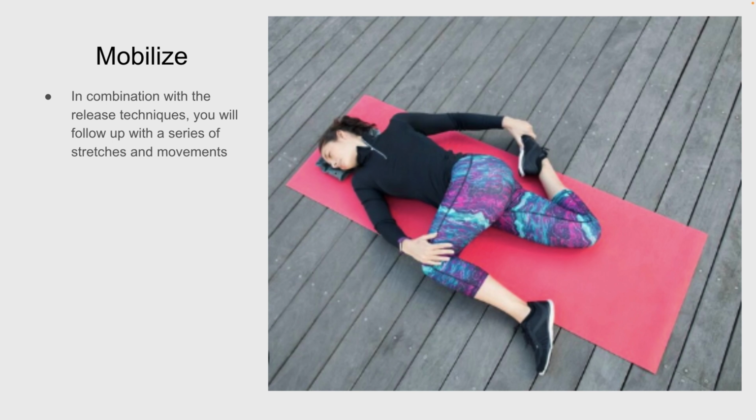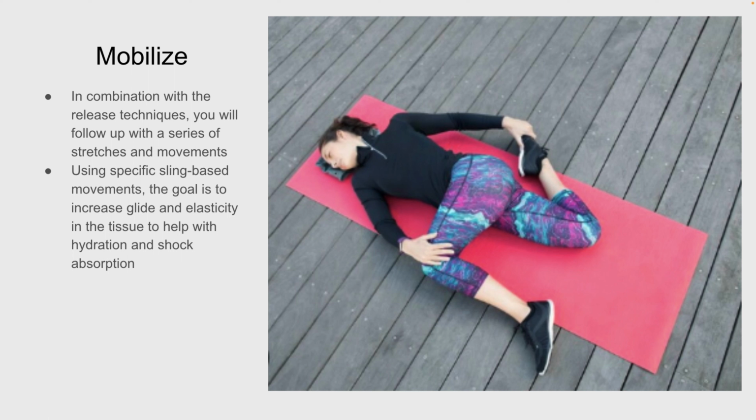Next, we're going to mobilize. So in combination with the release technique, you want to follow up with a series of stretches and movements. These can be partner-assisted stretches. These could be yoga-based movements. These could be simple static stretches. I personally prefer things like dynamic stretching, loaded stretching, and controlled articular rotations, but I don't expect people to mimic exactly my tools.